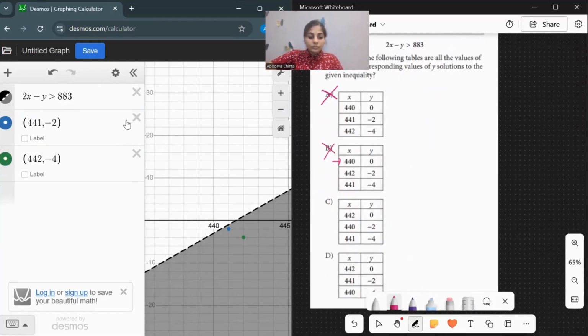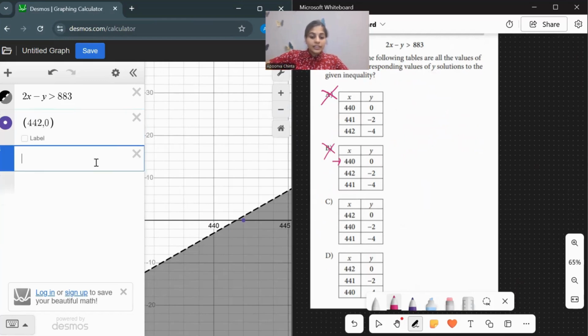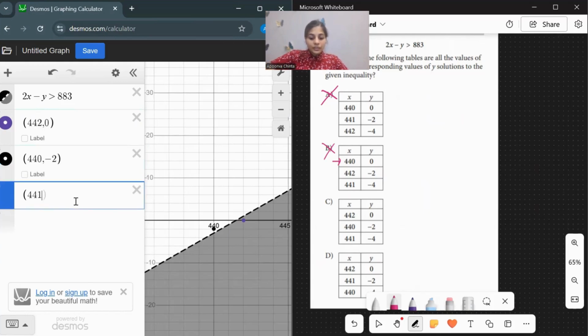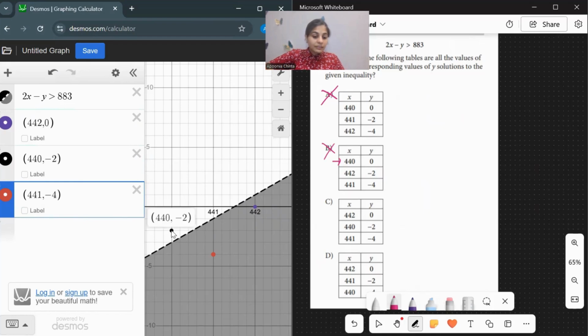Now let's see option C, that is 442 0, and the next value is 440 negative 2, 441 negative 4. Now we see that one of the coordinates, in black, which is 440 and negative 2, is not inside the region.